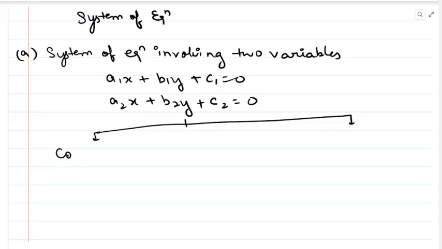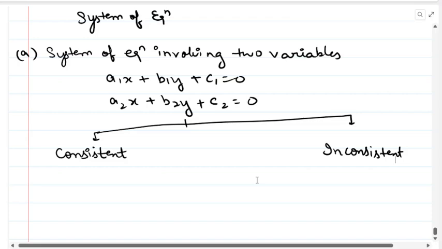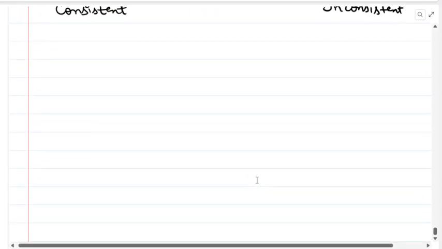First is consistent and second one is inconsistent. Consistent system of equation has solution.